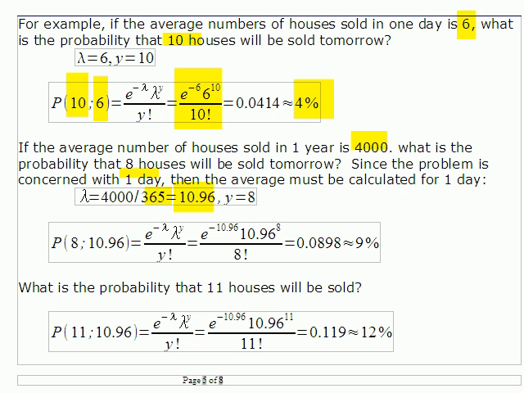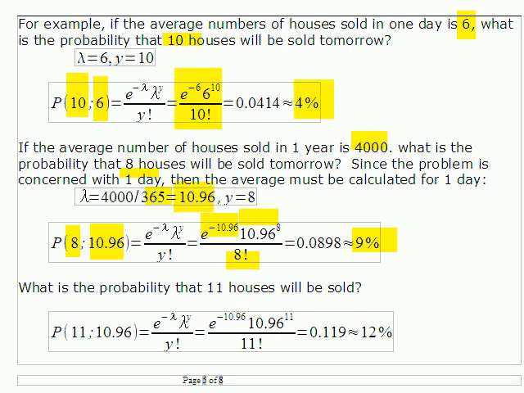The probability that you will sell 8 houses tomorrow when you typically sell 10.96 houses in a day is e to the negative 10.96 times 10.96 raised to the 8th over 8 factorial. Some of these seem like really small numbers. This seems like a really big number, and then it's divided by a large number. It works out.